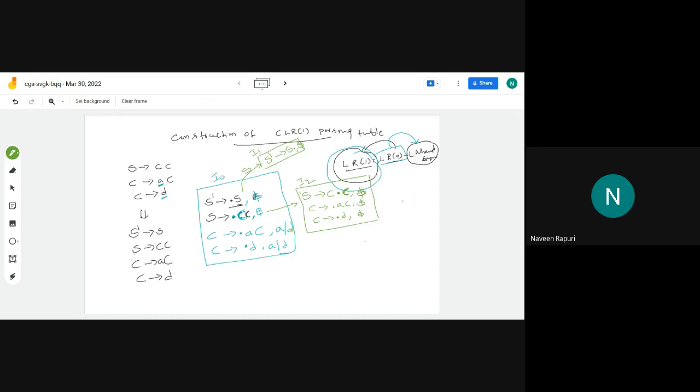Now if we expand this one, C derives A dot capital C, comma a by b.